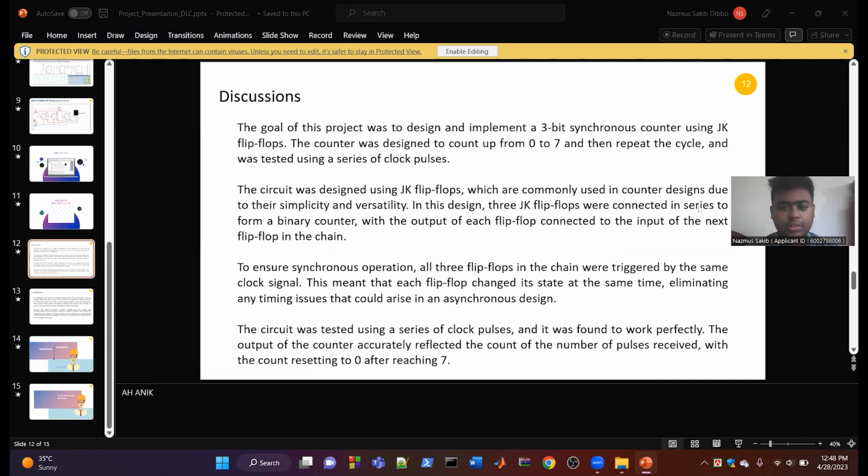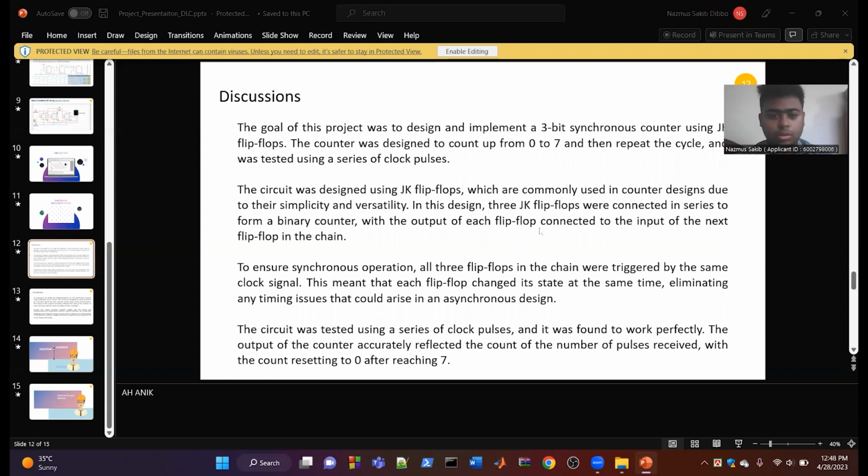The circuit was designed using JK flip-flops, which are commonly used in counter design due to their simplicity and versatility. In this design, the 3 JK flip-flops are connected in series to form a binary counter, with the output of each flip-flop connected to the input of the next flip-flop in the chain.